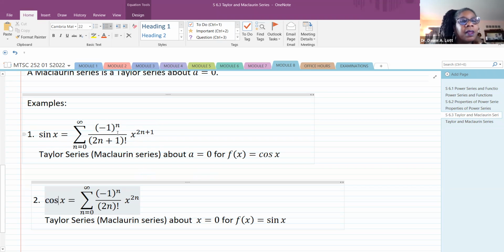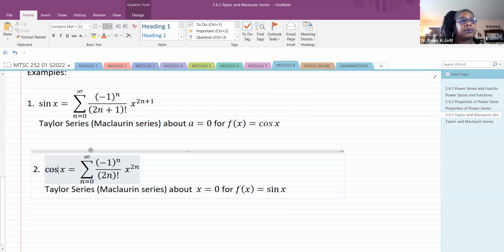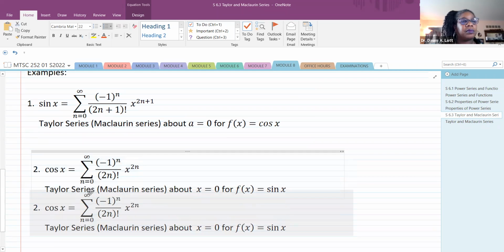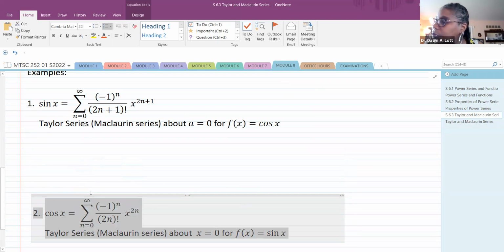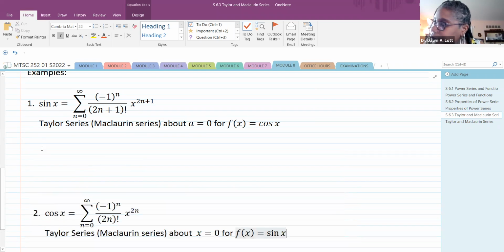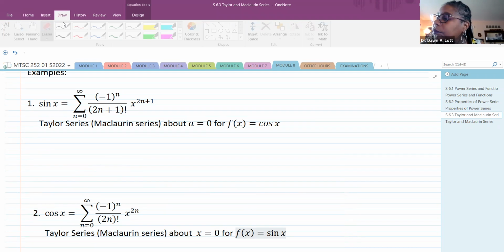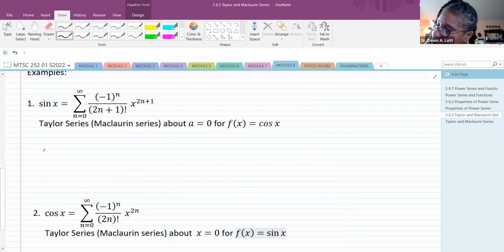Okay. So what do these look like? Well, let's write them out. The sine of x, when n is 0, I just get x.